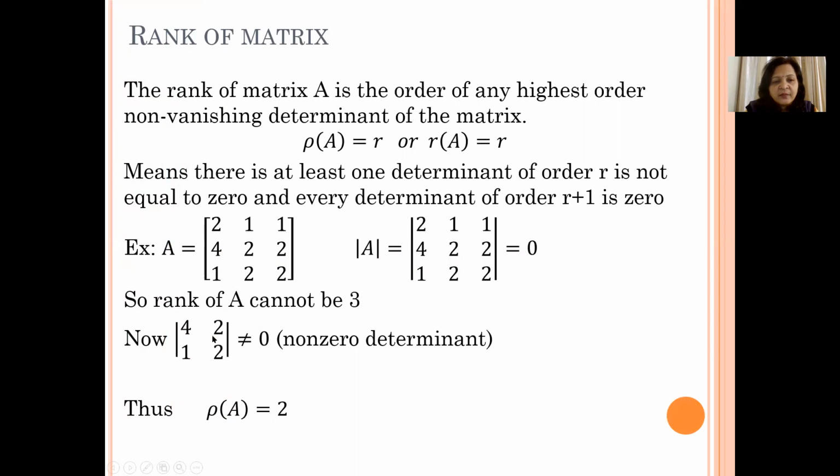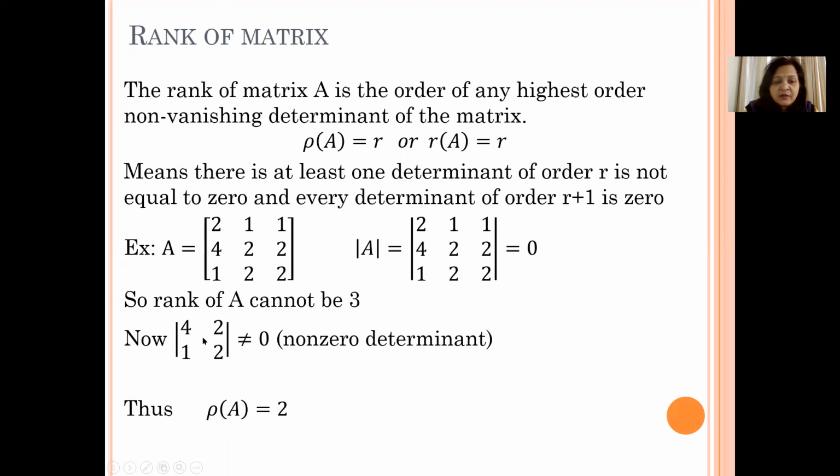Now if we consider this determinant of order 2, then the value of this determinant is not 0. So this is a non-zero determinant, and so we can say the rank of matrix A is 2.